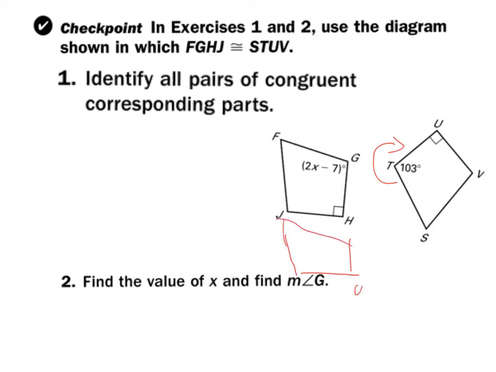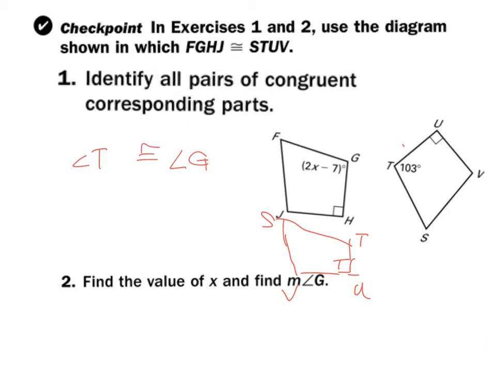So my right angle is UT, and then this side would be VS. Once I rotate the diagrams, it's much easier to see that my angle T is congruent to angle G.